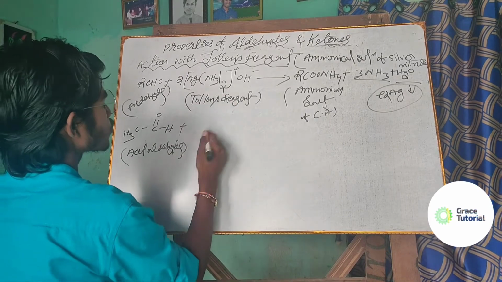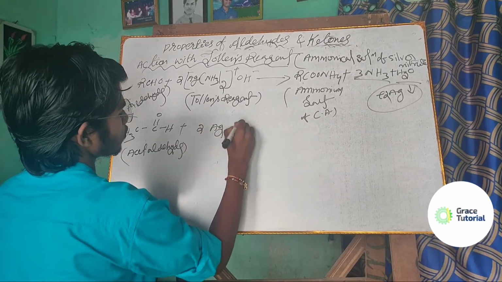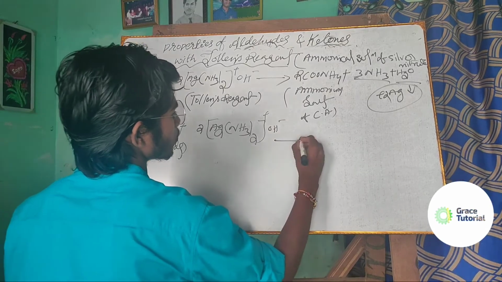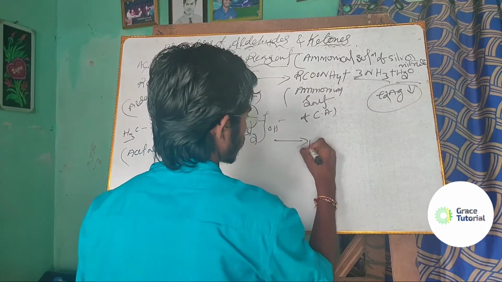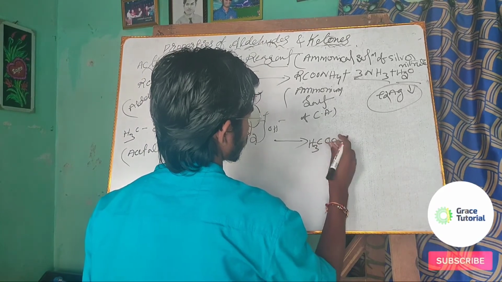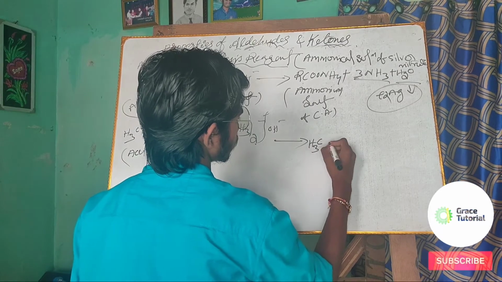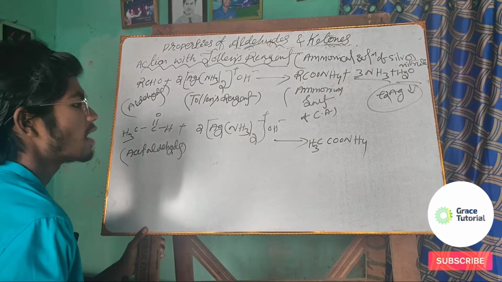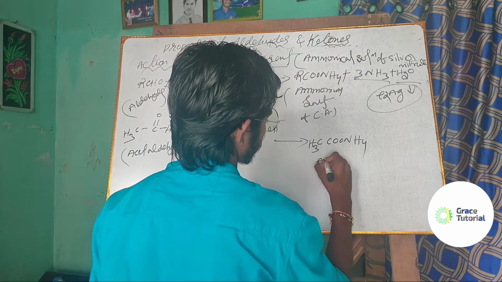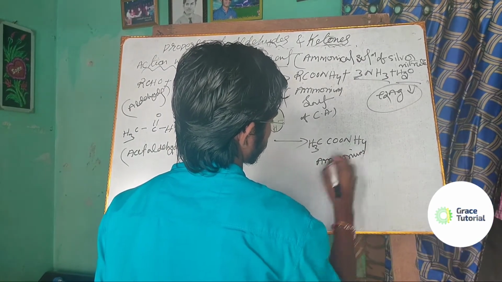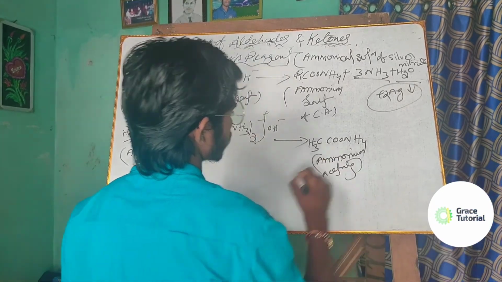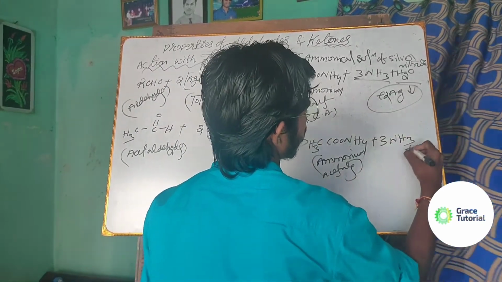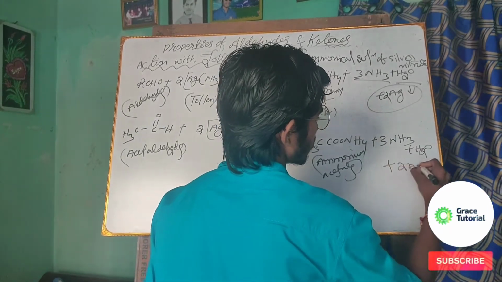If it reacts with an ammoniacal solution of silver nitrate, then it gives ammonium acetate, with 3 molecules of ammonia along with water, and a silver mirror is obtained.